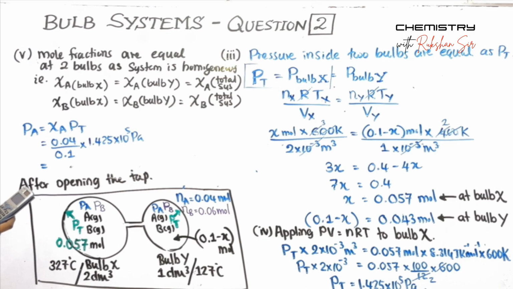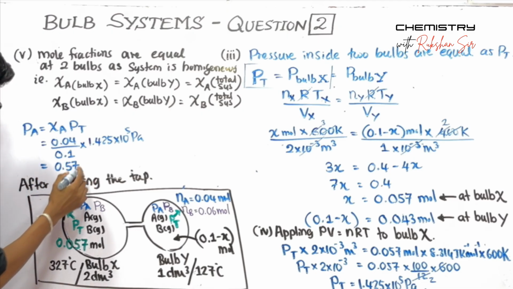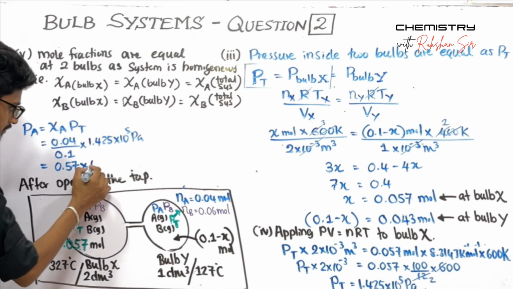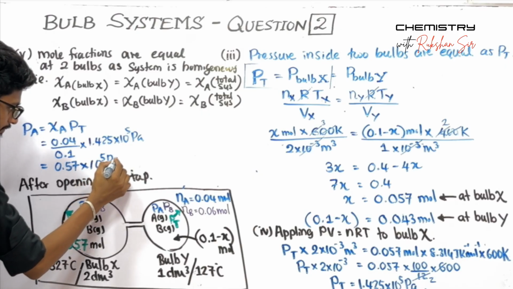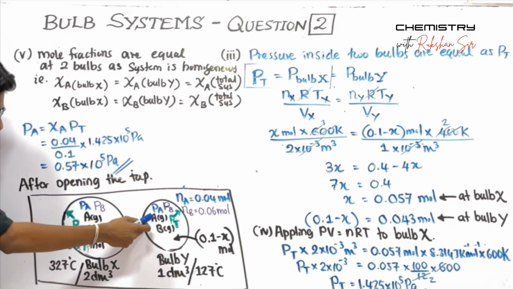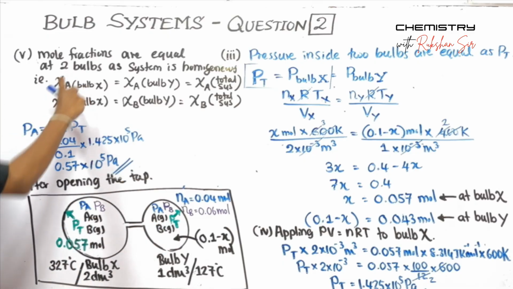It's going to be 0.57, and so 0.57 times 10 to the power 5 pascals. This is the partial pressure of A here, as well as at the total system.